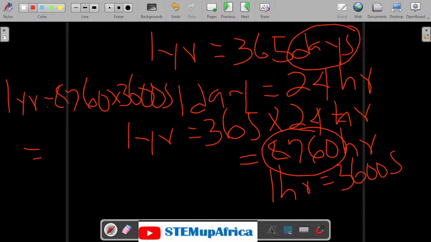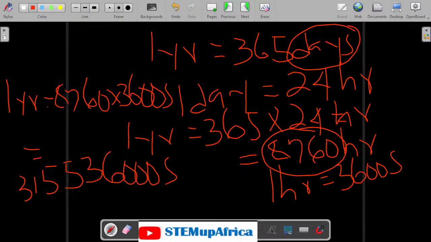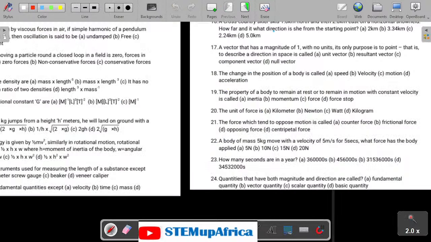That will give us 315,536,000 seconds. So this is the value of a year in seconds. Let's see which of the options suits it. We have 315,536,000, which is option B.